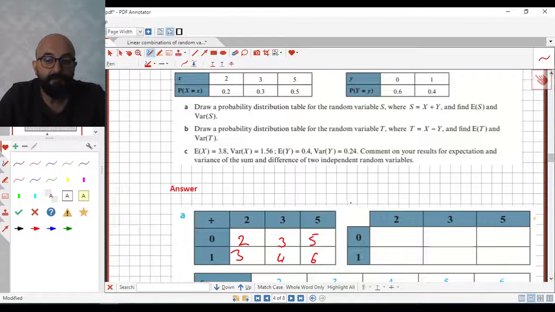The probability of both 2 and 0 is the probability of 2, 0.2, multiplied by the probability of 0, 0.6, which becomes 0.12.